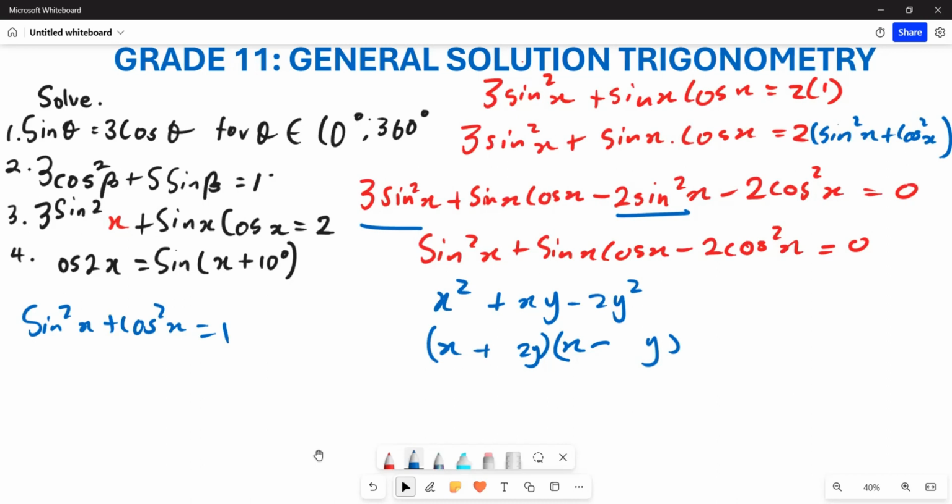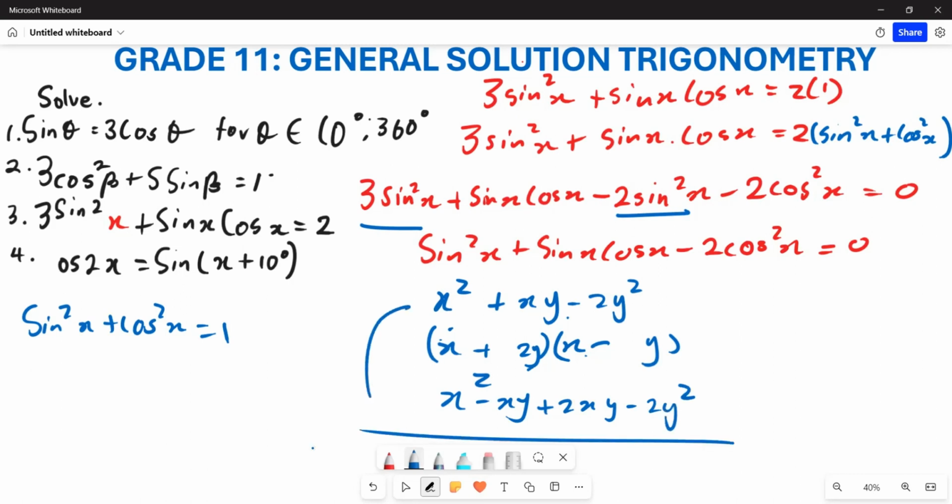So yes, these things can be factorized like this, because when you take them back, x multiplied by x gives you x squared. x multiplied by y gives you plus xy. 2y multiplied by x gives you negative 2xy. This is negative xy, and this is plus 2xy. And then the last one gives you negative 2y squared. Can you see that this takes you back to the original, right?